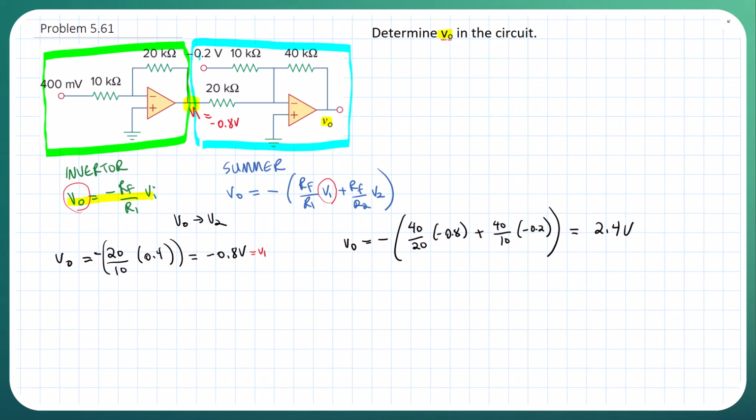So that's how we determine our V output. It's pretty straightforward if you break it down. Just make sure you're consistent with your equations and your numbers and your naming convention. Once you have that set, then you should be okay. But again, that's how you solve this problem.